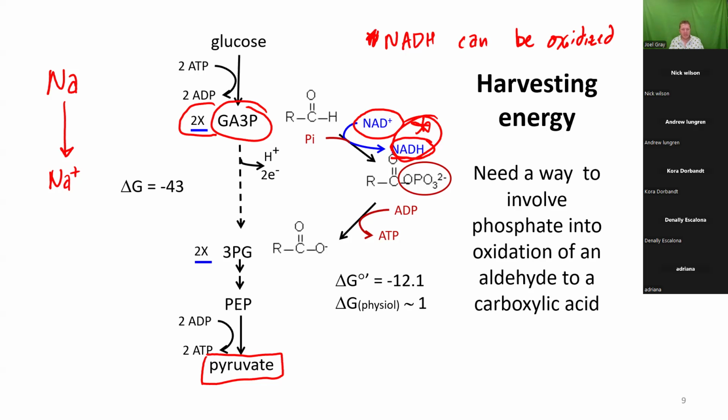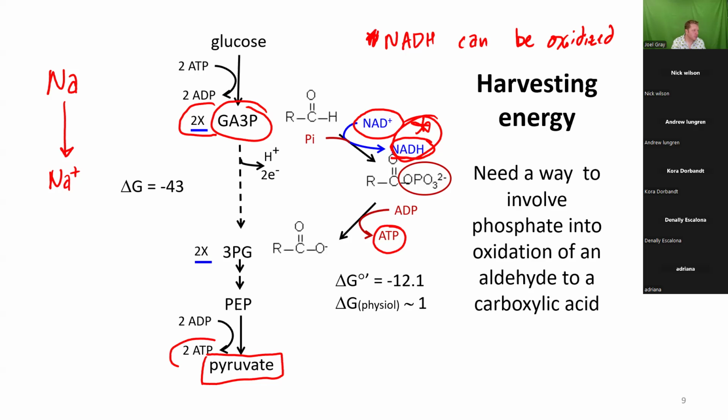So we're making NADH right here. This is a high energy compound. Then we're going to make another high energy compound in the form of ATP, and that's where we get back our high energy compounds.